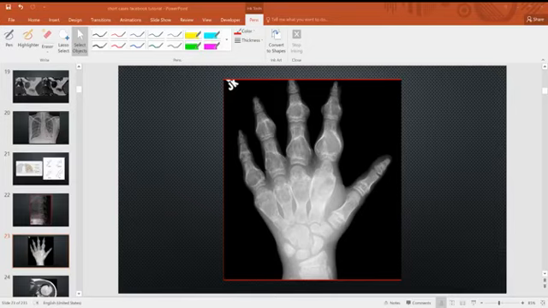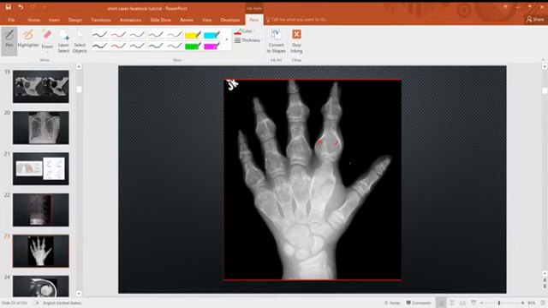Okay, so this case is a classic example of Ollier disease. As we see here, multiple enchondromas involving most of the metacarpals and the phalanges, and you see expansion, and you see sclerosis, and you see endosteal scalloping. So these are the characteristic findings of this patient.